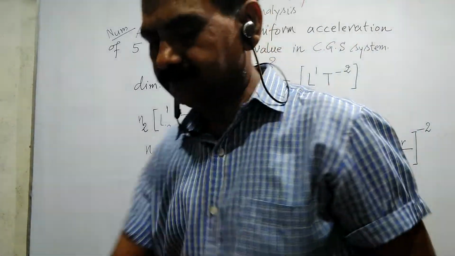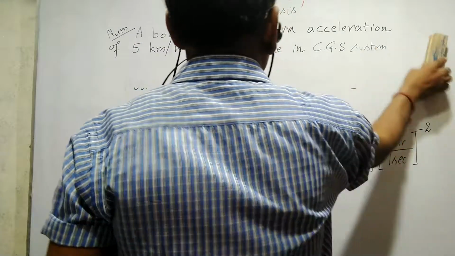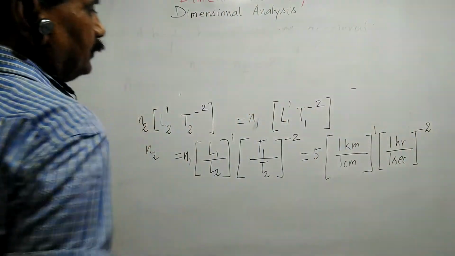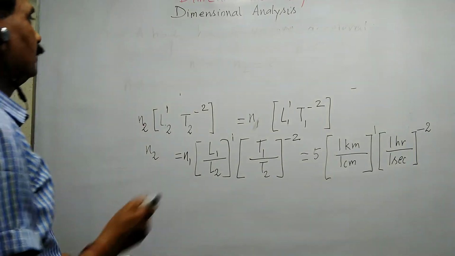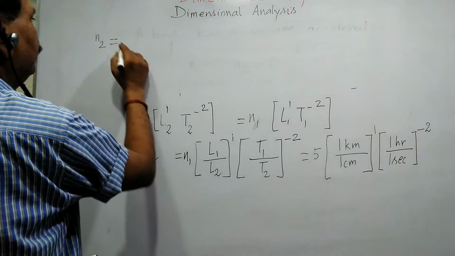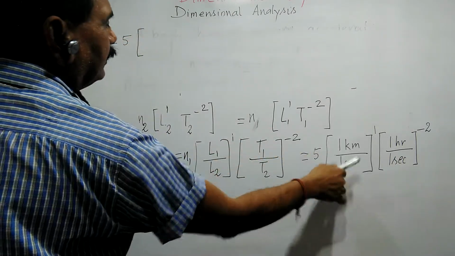Now write down here. N2 equals 5 into, convert this kilometer into centimeter.